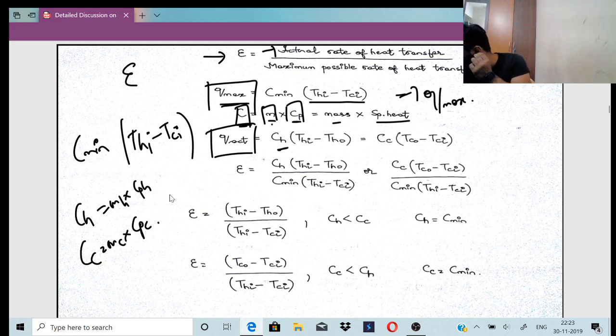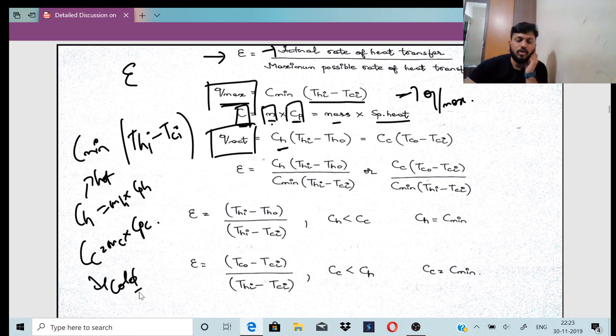These give the heat capacity for hot fluid and for cold fluid. So Q actual for hot fluid is CH, the heat capacity, times the temperature difference, inlet minus outlet, which is THI minus TH naught. Coming to cold, it is CC into TC naught minus TCI.